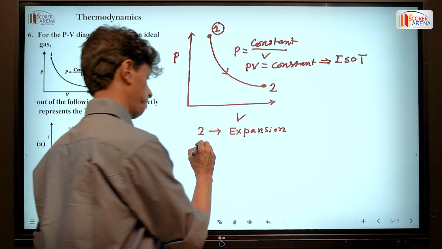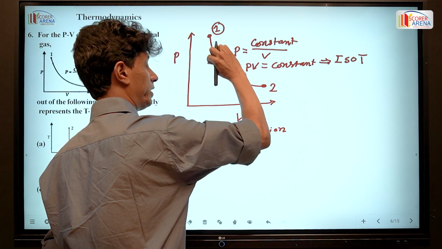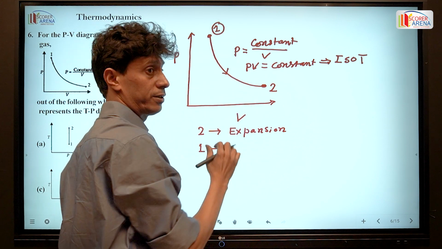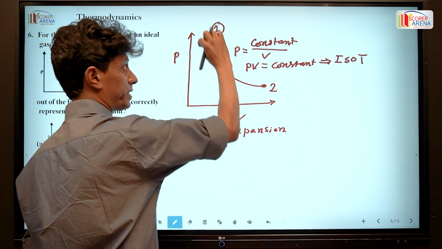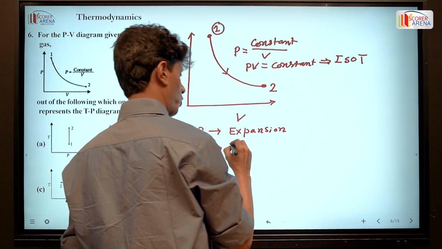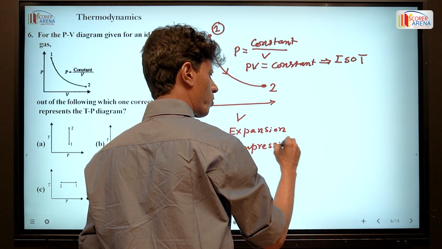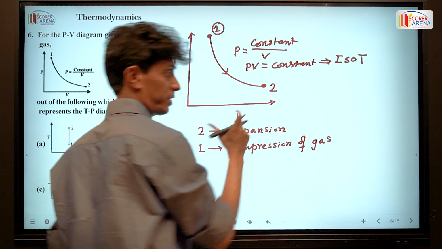Similarly 1, volume of the gas is decreasing and hence pressure is increasing as per Boyle's law. So 1 represents here compression of gas. It is as per the question.